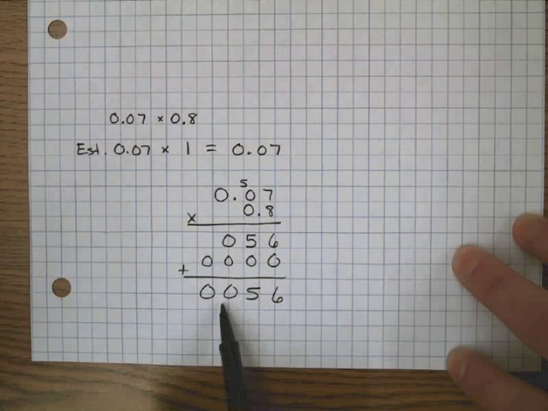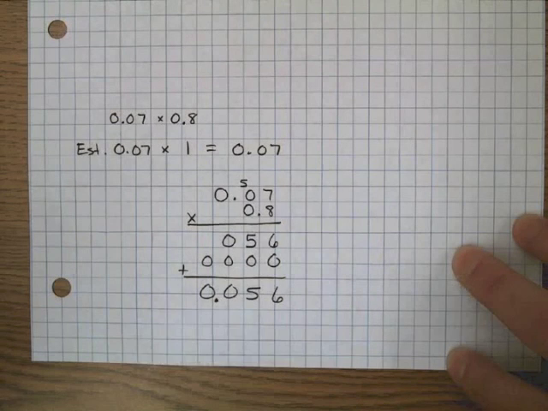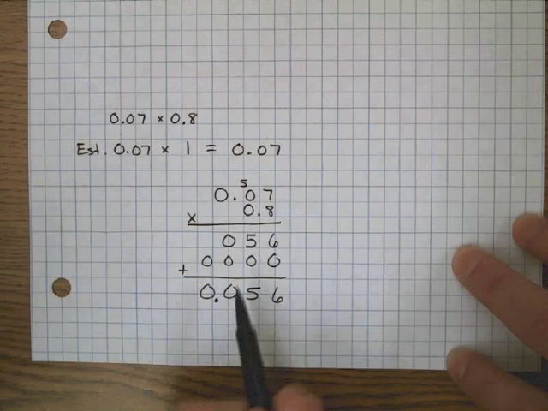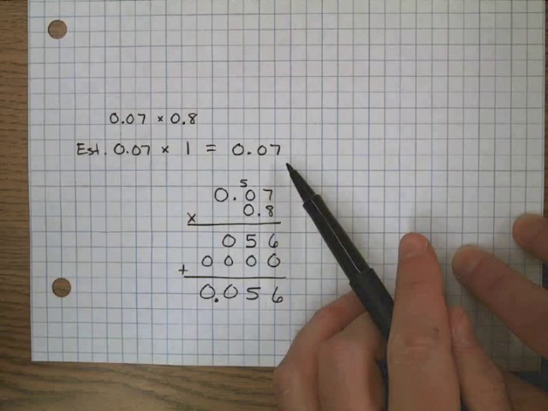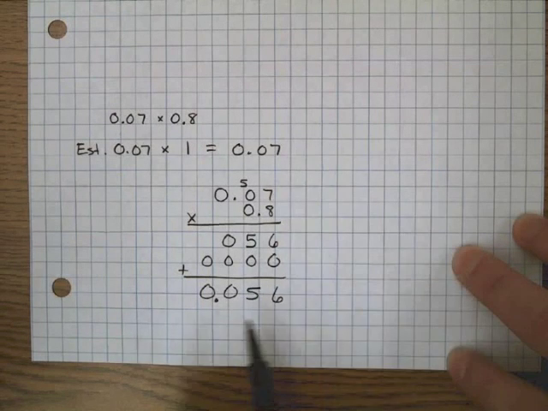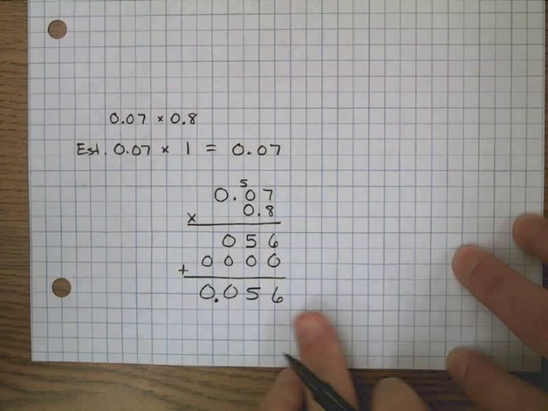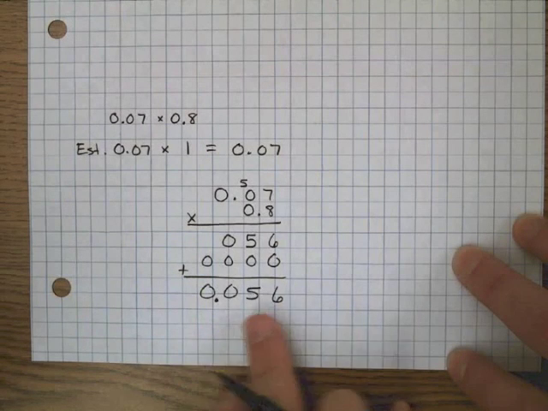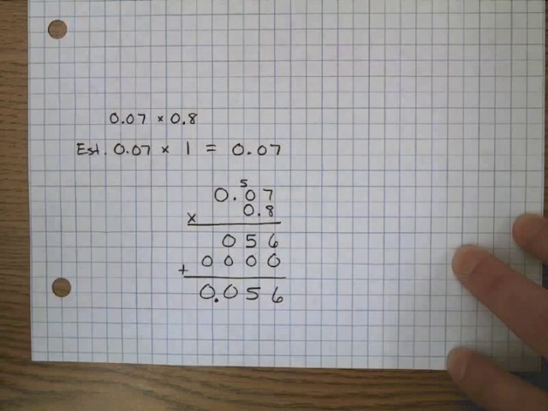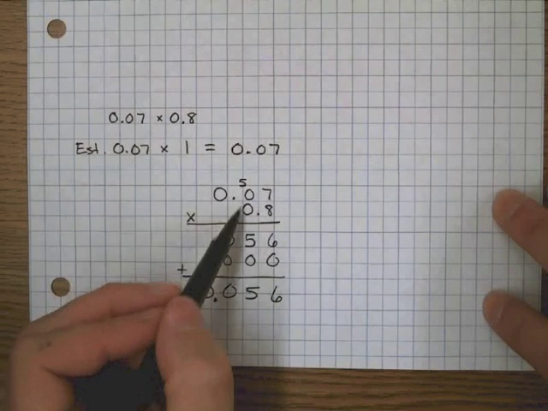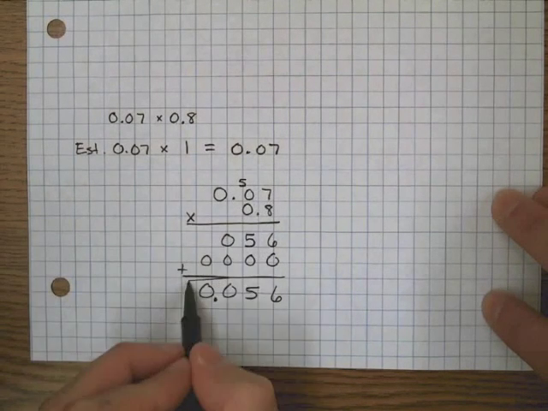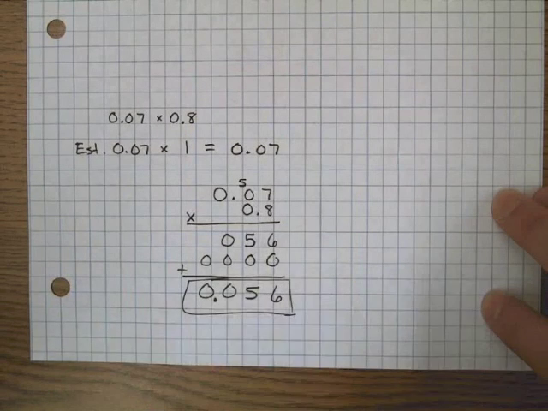I'm going to bring my decimal in right there. 56 thousandths is pretty close to 7 hundredths. If I were to round off to the nearest hundredth, this would be 6 hundredths, and 6 hundredths is very close to 7 hundredths. So my solution to 7 hundredths multiplied by 8/10 is 56 thousandths.